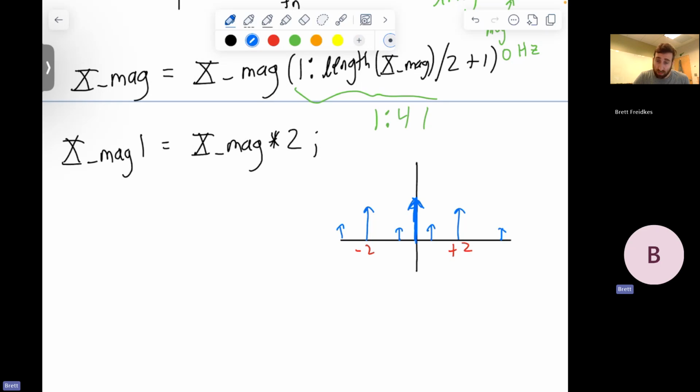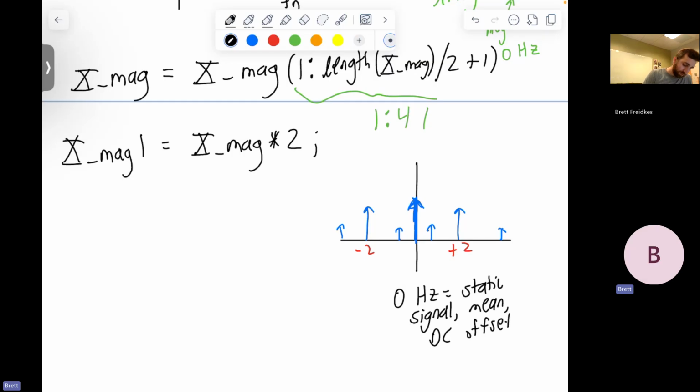No. So when we do the original two-sided spectrum, we will see that if we have any content at 0 hertz, and again, 0 hertz means a static signal, or a mean, or a DC offset, there's a bunch of different words for it, that power is not split.